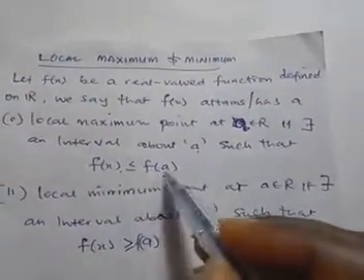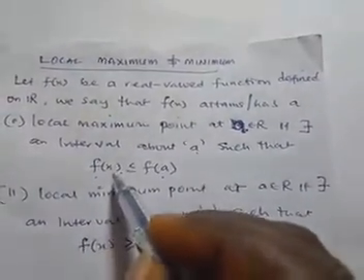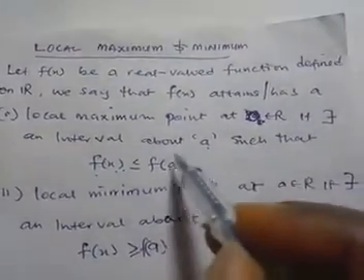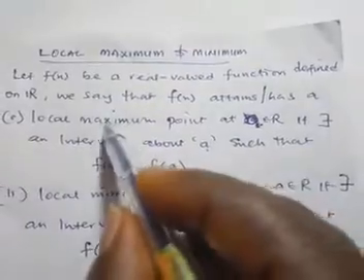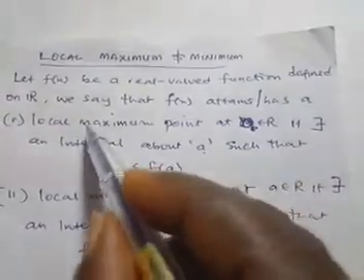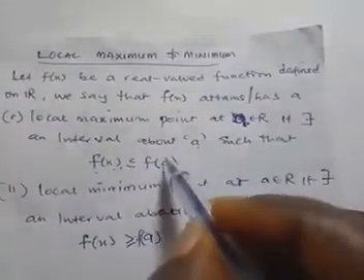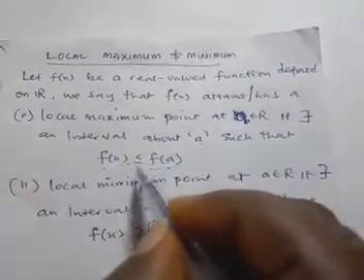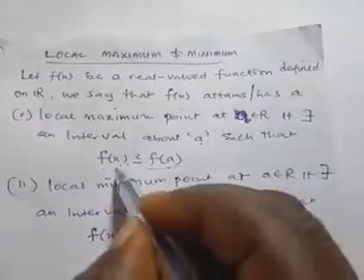If you have a function such that f of x is less than or equal to f of a, then we say that a is the maximum point of that.